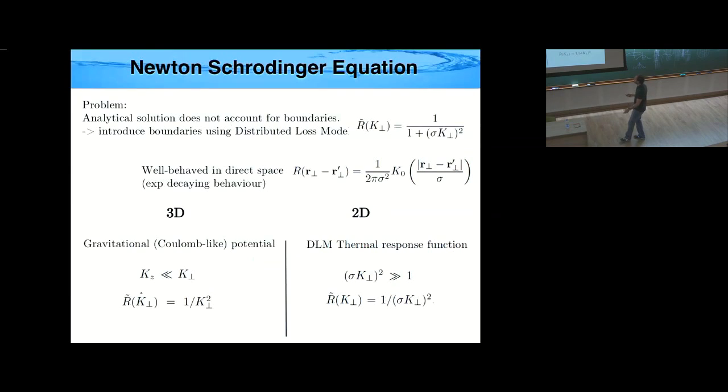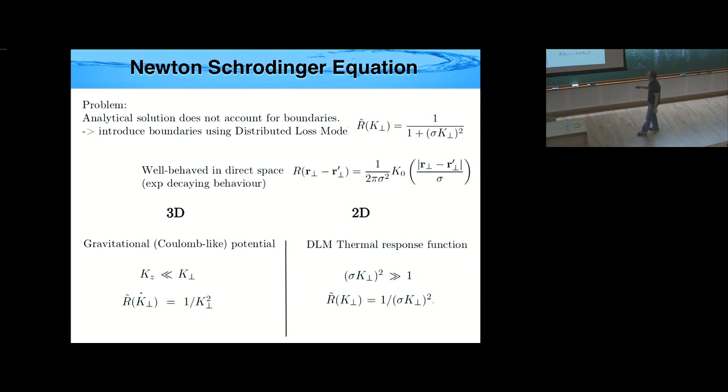You want to include the boundary conditions. If you do that through the distributed loss model, you end up with this function. And now, if I take a Fourier transform of this, it is actually well behaved in direct space. It is this K0 function, which fortunately is never negative, and it's exponentially decaying.